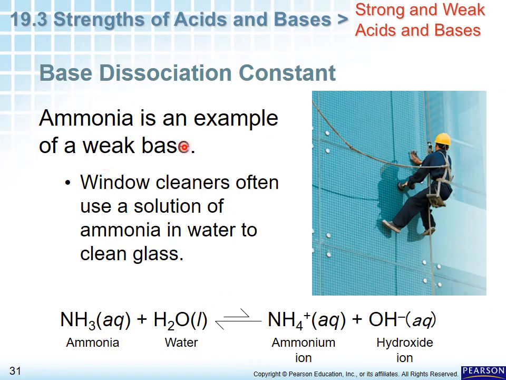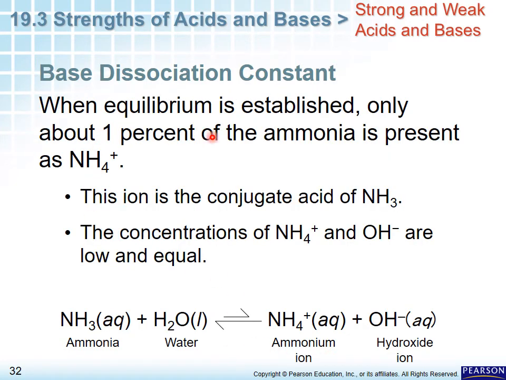Look here now. Ammonia is an example of a weak base. Window cleaners often use a solution of ammonia in water to clean the glass. So ammonia with water gives you ammonium ion and hydroxide ion. When equilibrium is established, only about 1% of ammonia is present as NH4+ ion.